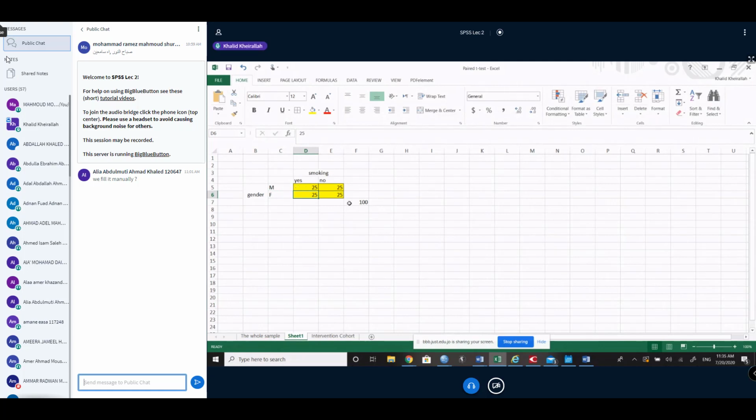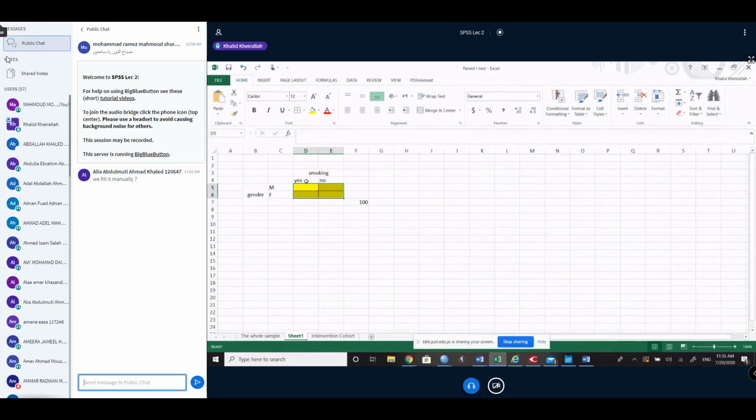So if there's no relationship between smoking and gender, we're going to observe what's called observed values, which is the 25s or 26 in each room, plus minus. Now, since there could be a relationship between these two variables, smoking and gender, this distribution will not work as is.